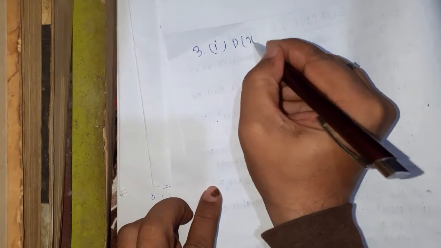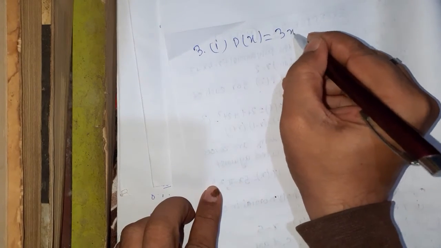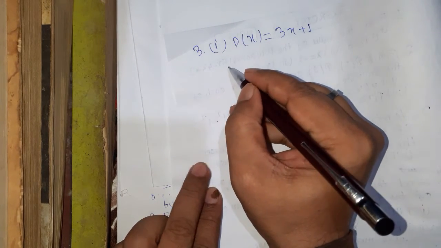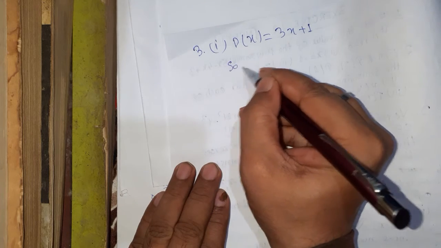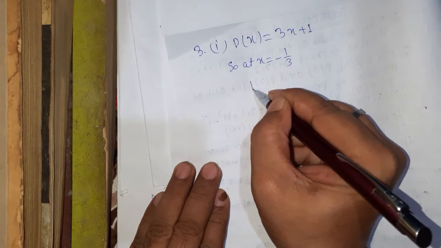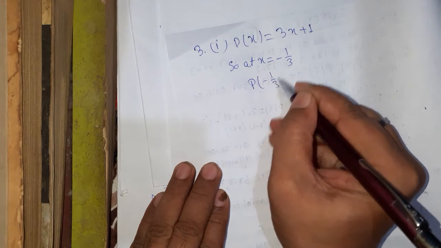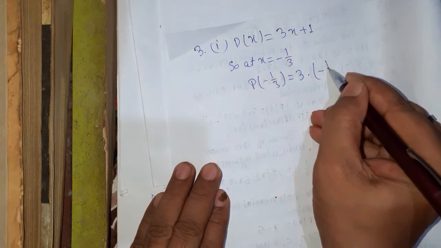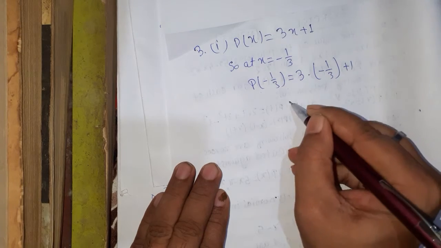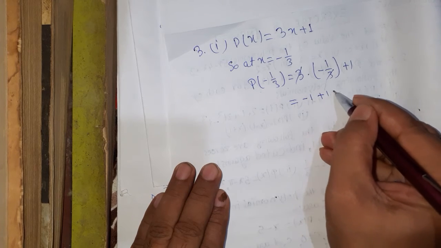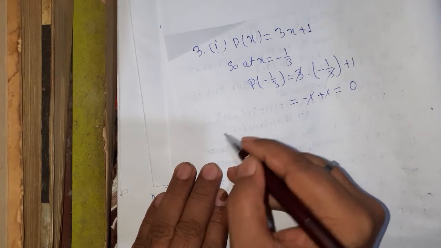The polynomial is 3x plus 1. So p(x) is equal to 3x plus 1. So at x is equal to minus 1 by 3, p(minus 1 by 3) becomes 3 into minus 1 by 3 plus 1 is equal to minus 1 plus 1 equal to 0.